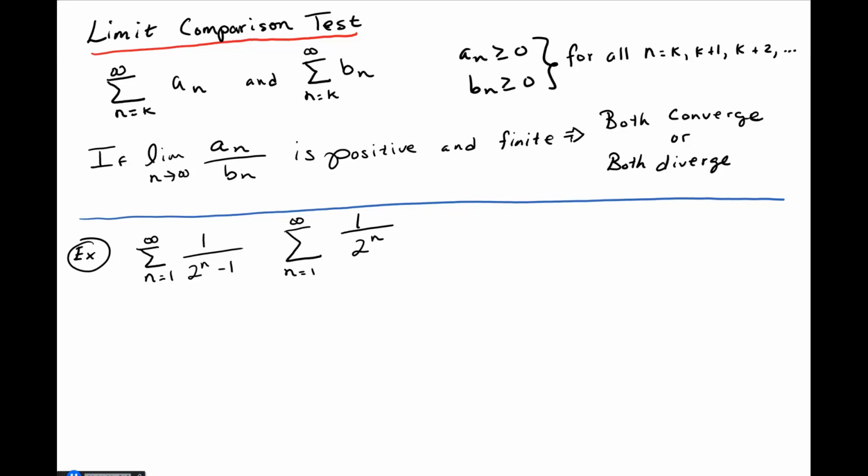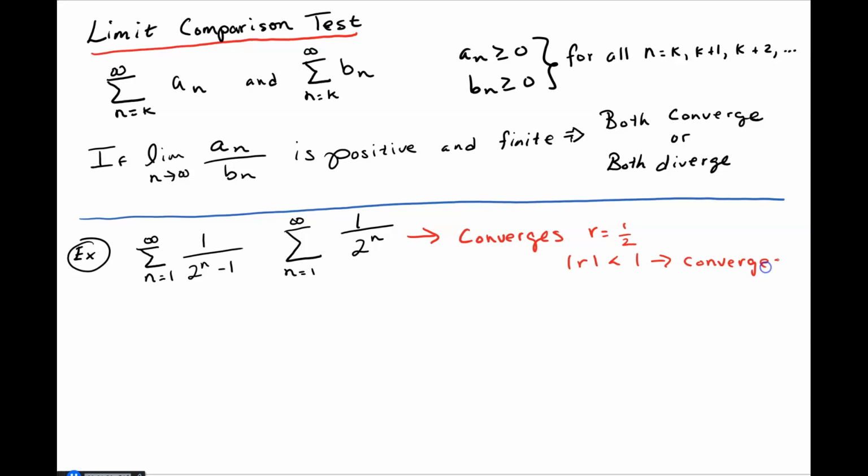So we're going to do the limit comparison test to figure this out. The first thing I want to say is that 1 over 2 to the n converges. How do I know that? Because it is a geometric series with r equal to 1/2, and since the absolute value of r is less than 1, we make the claim that it converges.